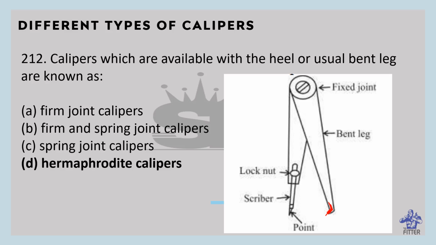It has one leg bent inward and one straight leg ending in a sharp point like this. It can also be used to locate the center of cylindrical shape workpieces. It is used to lay out lines that are parallel with the edge of the workpiece. Okay, it is a very important one, the hermaphrodite caliper.